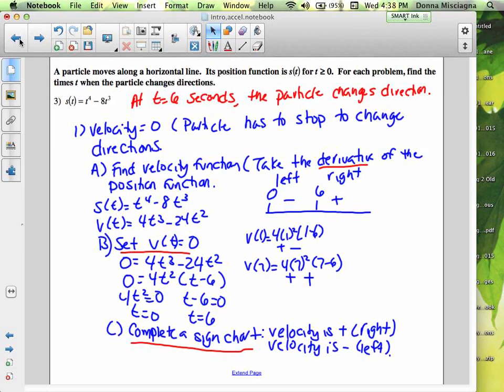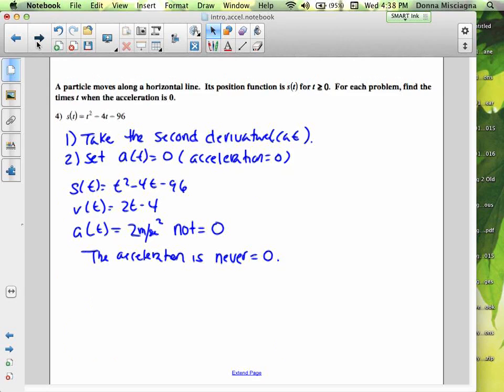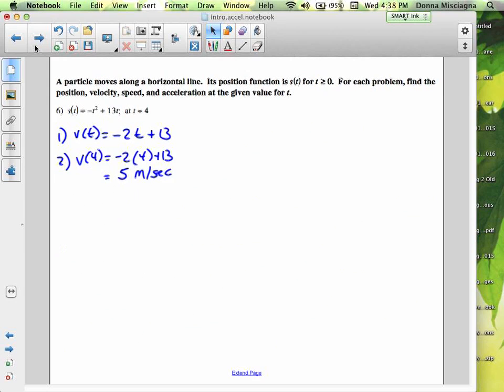And over here, again, we're just looking at time. So I really haven't forgotten the units so far because we haven't been dealing too much with units. But in this one we are, so we're going to put the units, 5 meters per second. That's our velocity at 4 seconds. That's how our particle is moving.